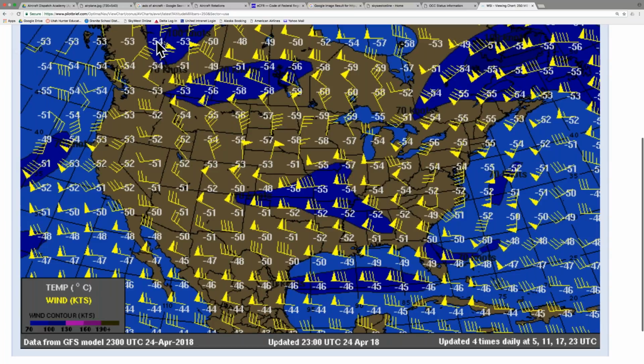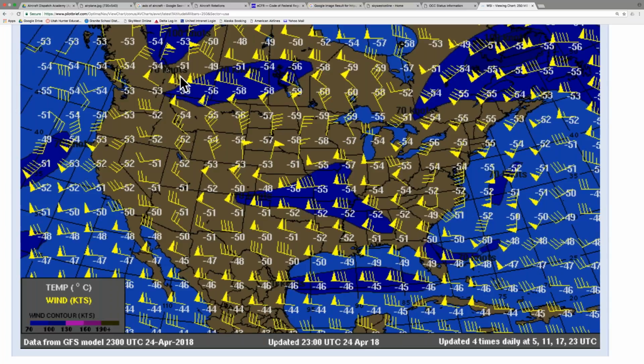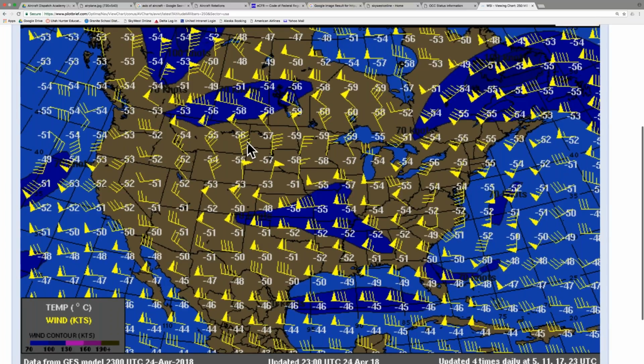It looks like the jet stream comes down from this area and then comes up, and a part of it branches off and comes to this Gulf area, and branches over the central United States here. We learn to interpret this data and how it affects our flights.